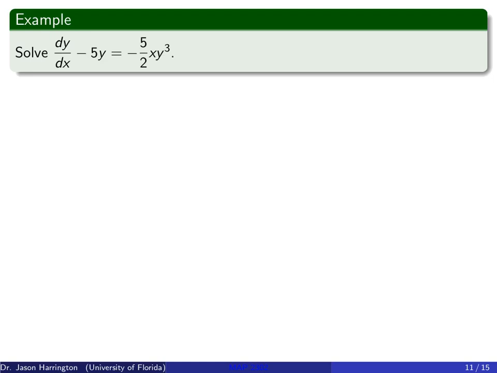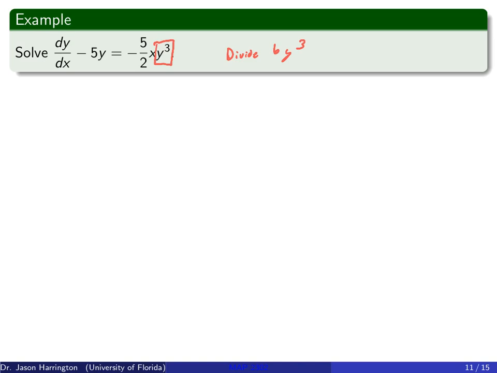And again, I don't usually memorize a bunch of formulas for this. But over here, the first thing I'm going to notice is this is my y cubed, right? And so what I'm going to do is divide everything through by y cubed.